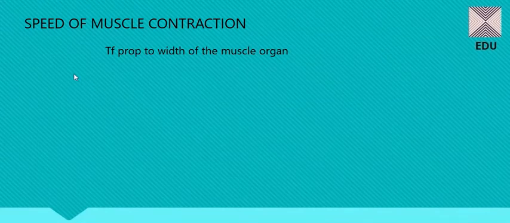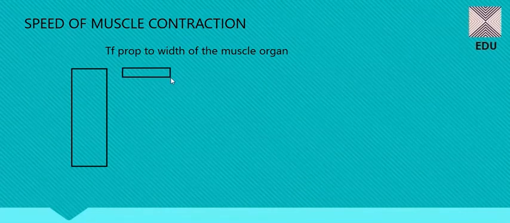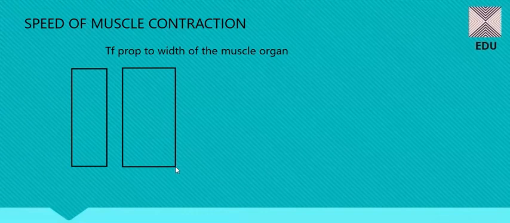Now if I take one example, suppose we have a muscle which is just like this. This is the muscle M1, and we have another muscle, M2. M1 has the width W1, and muscle number 2 has the width W2, let us say.